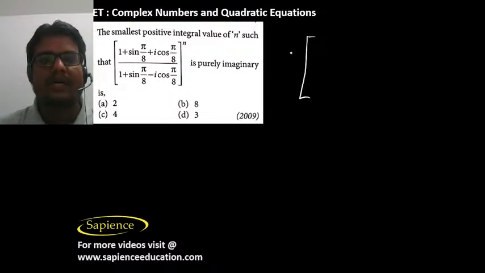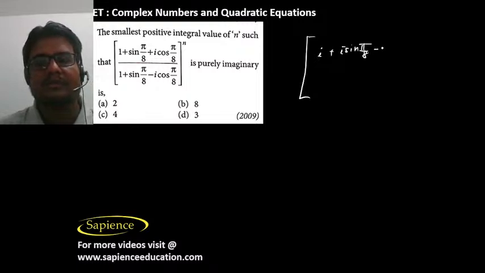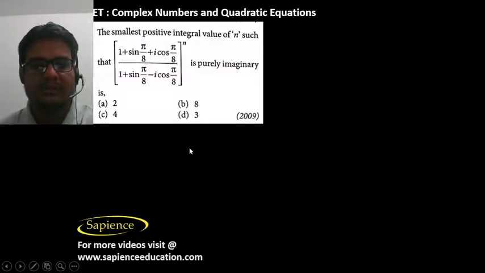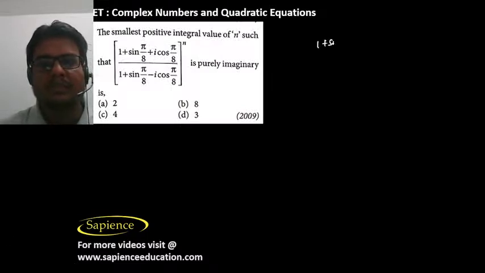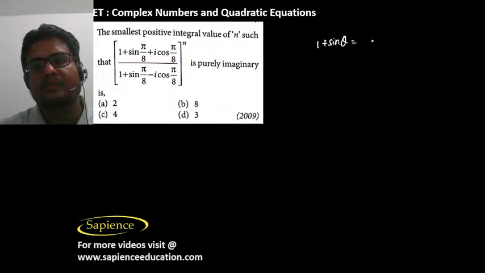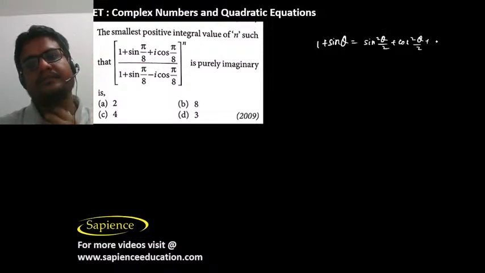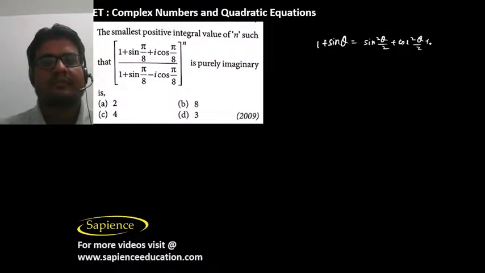So if we multiply by I and divide by I, then it will be I into, so I plus, it will be I sin pi by 8, or actually sorry, this we can write it as, so here actually we can write 1 plus sine theta, that can be written as sine square theta by 2 plus cos square theta by 2 plus 2 sine theta by 2 into cos theta by 2.